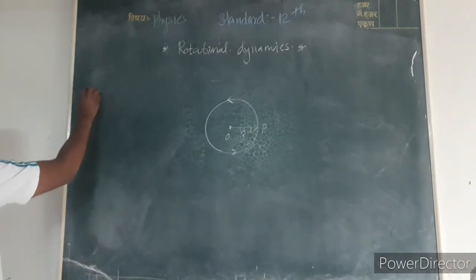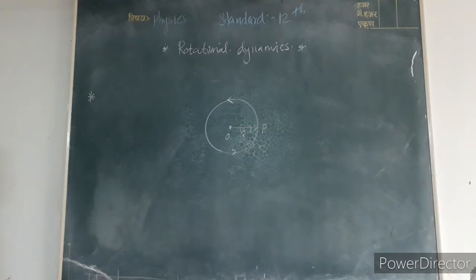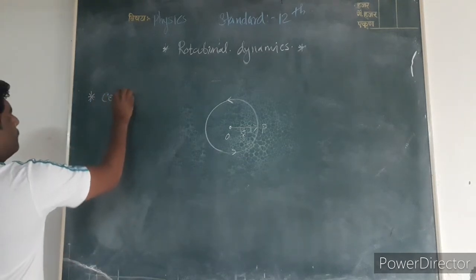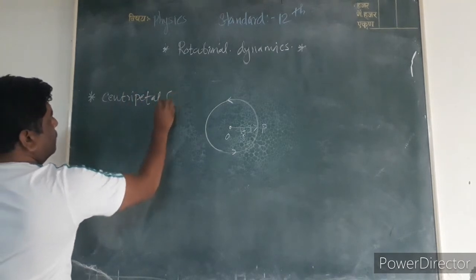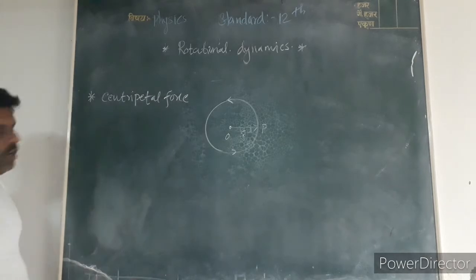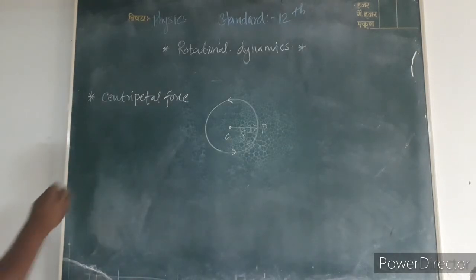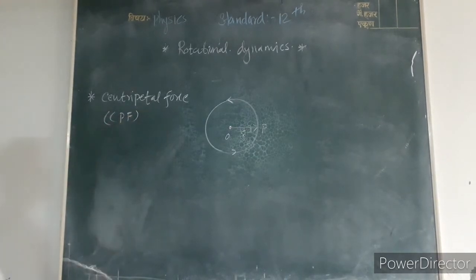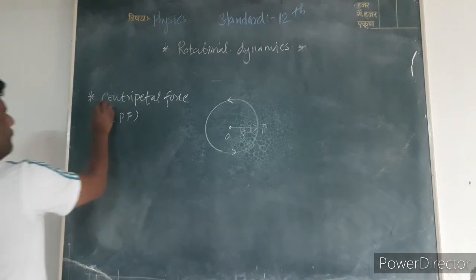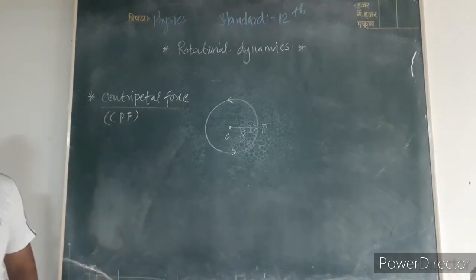Now we define the two forces in this circular motion. First is called centripetal force, denoted as CPF. This is called centripetal force in circular motion or uniform circular motion.